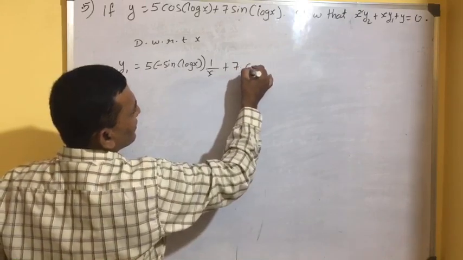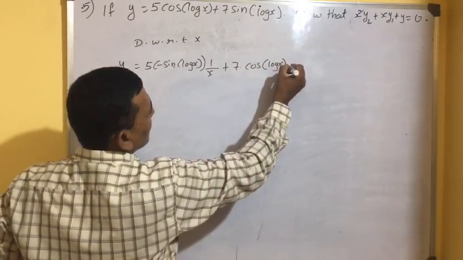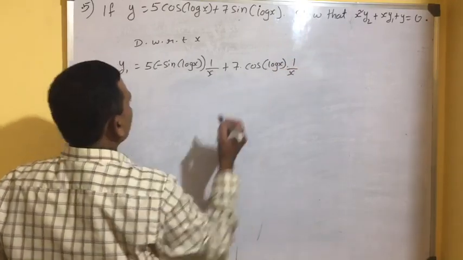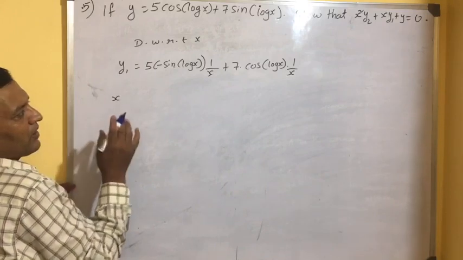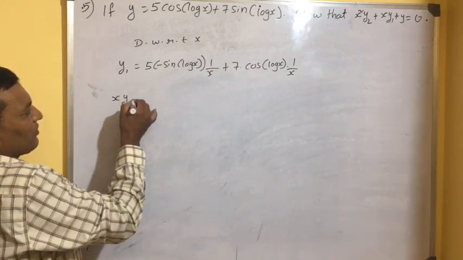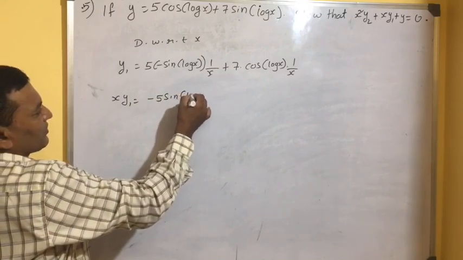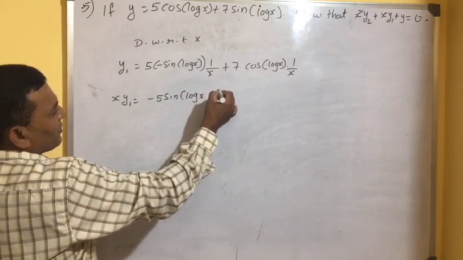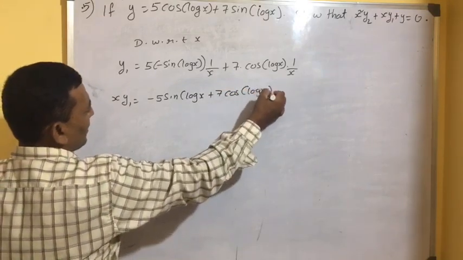Sine differentiation is cos, chain rule, therefore keep log x as it is, then for log x it is 1 by x. Now multiplying x on both sides, we get x y1 is equal to minus 5 sine of log x plus 7 cos of log x. So let it be as it is.